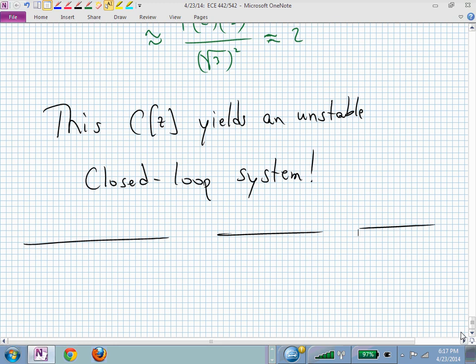It worked for the PI, didn't it? But remember, for the PID, we've introduced a second pole, haven't we? And we have a second zero. We have one more branch than what we had with the PI controller. And so that makes things a little bit more challenging.